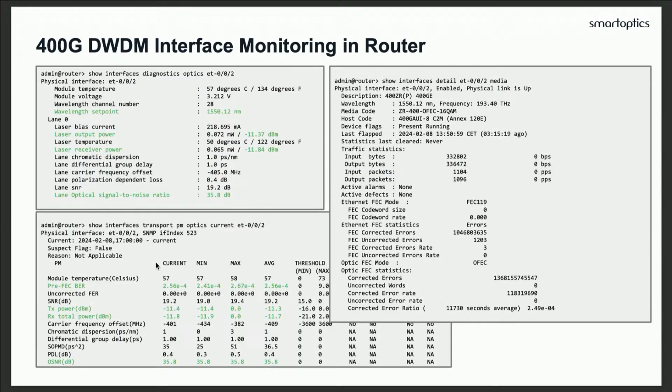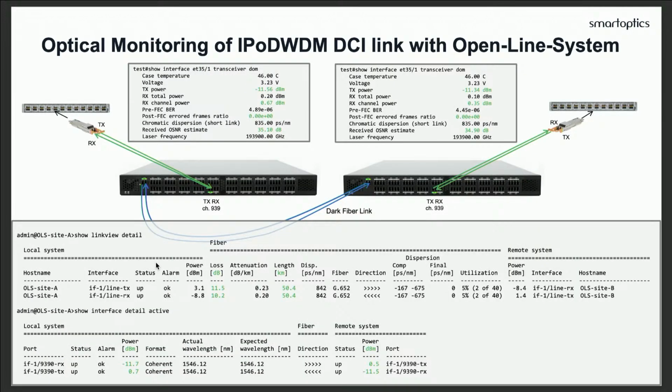So we can basically monitor the fiber, and we can monitor the in and outgoing signal on the open line system, as well as in the switch, which means we have end-to-end monitoring for every service through our DWDM network. That's pretty easy and not complex at all, and brings DWDM basically to every customer, even if they don't have vast experience with that technology.